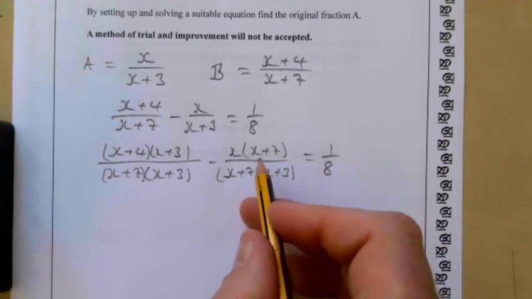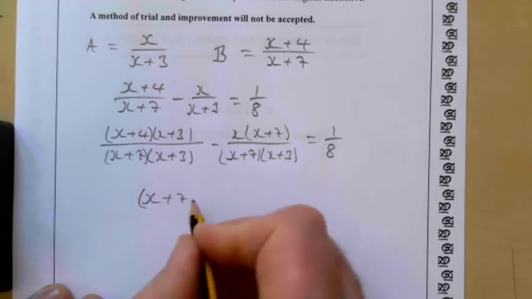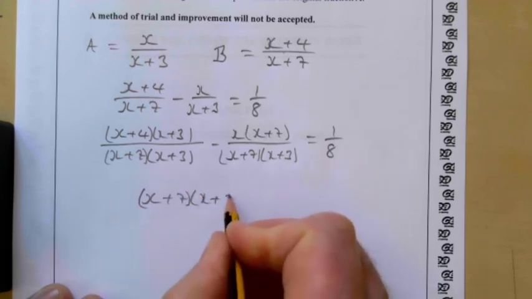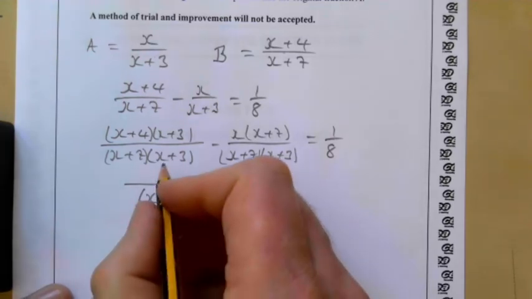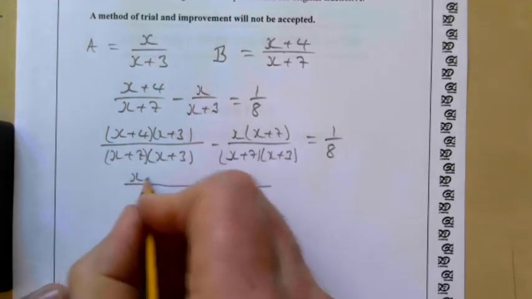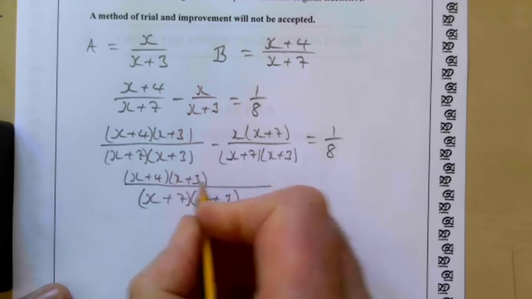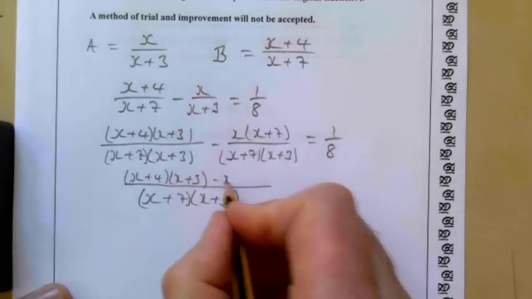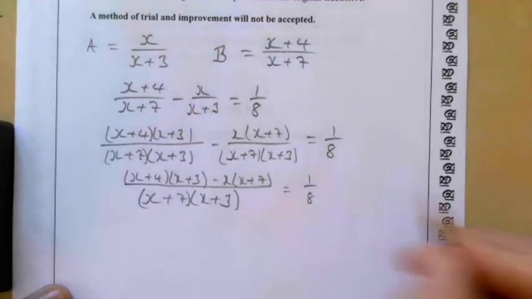Joining together our top lines then, we can go x plus 7, x plus 3, all over x plus 4, x plus 3. I'm then going to go minus x upon x plus 7 equals an eighth.